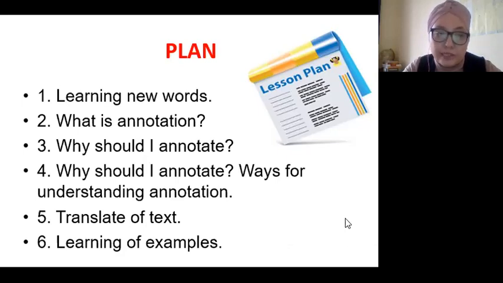Also, we will translate the text and have learning examples as tasks in the classroom.